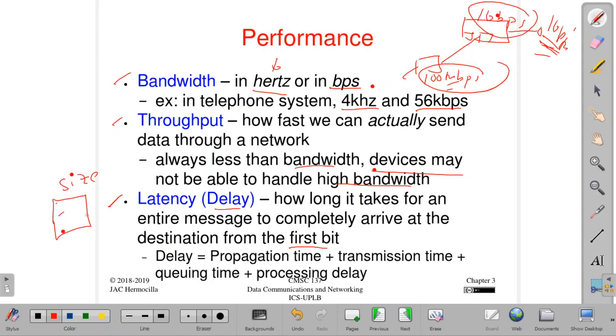If you send that across the network, you can compute the delay, or the latency, and we have a formula for the delay. Delay is affected by several parameters. The first one is called the propagation time. The second one is the transmission time. Third is the queuing time, and then fourth, the processing delay. So when you talk about latency, you have to consider these four factors.